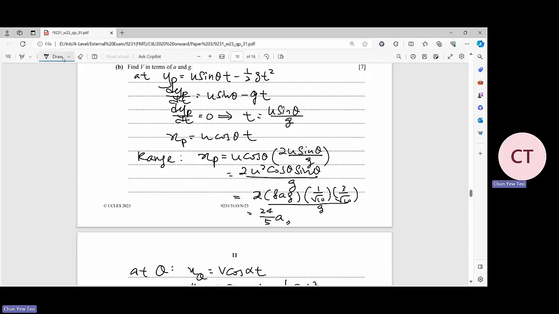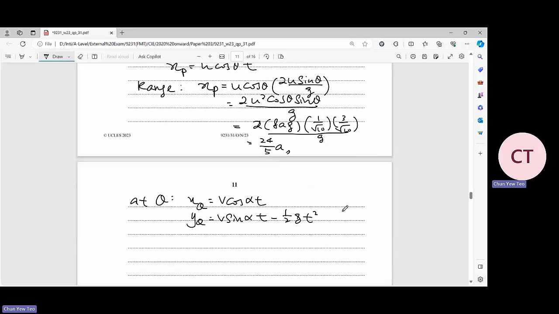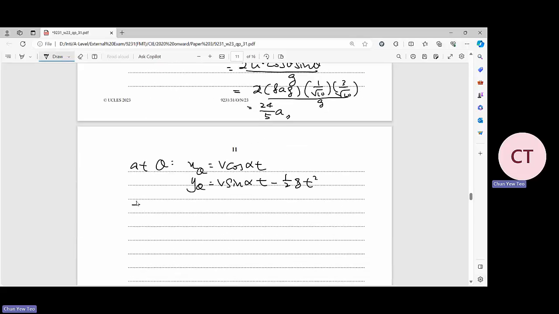Okay, so Q will start a little bit later than P. So when T is equal to U sine theta over G, okay, your XQ will be 24 over 5A, and then your YQ will be 0.